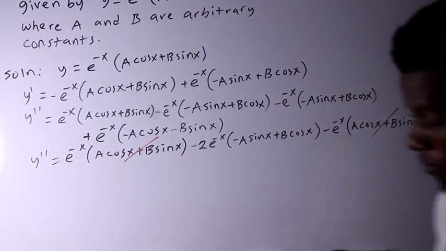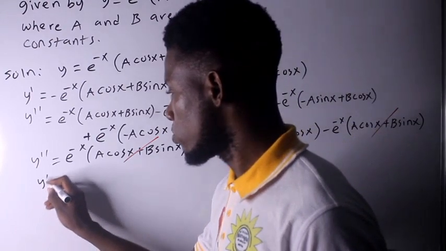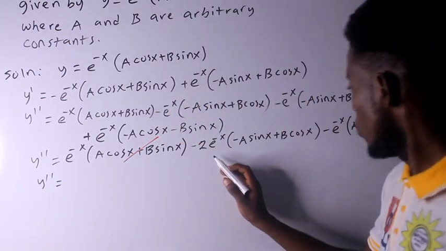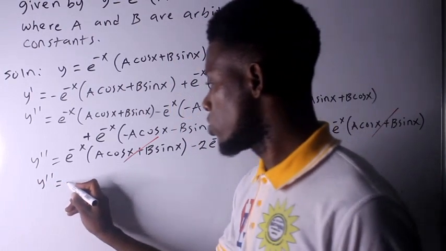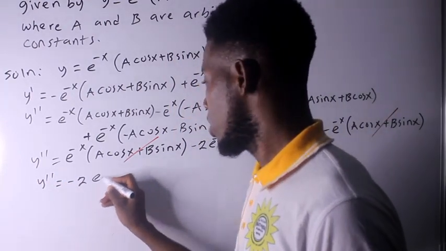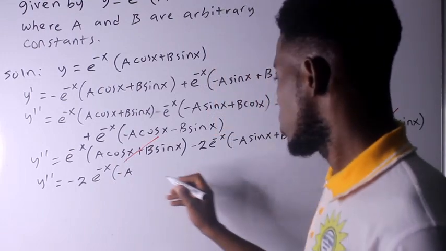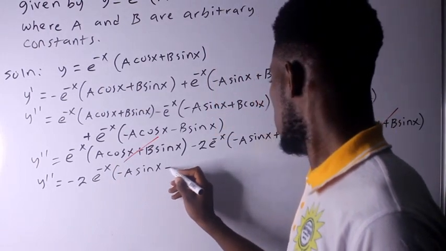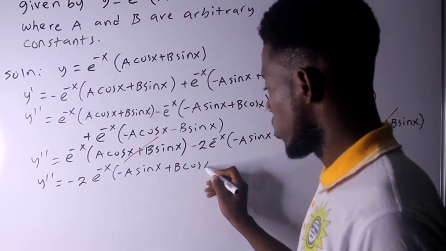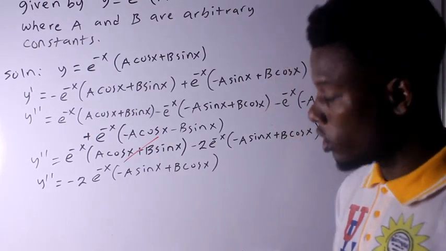So I'm going to have y prime prime equals only this: minus 2 e to the minus x, parenthesis, minus a sine x plus b cos x. Y prime prime is going to be equal to this.